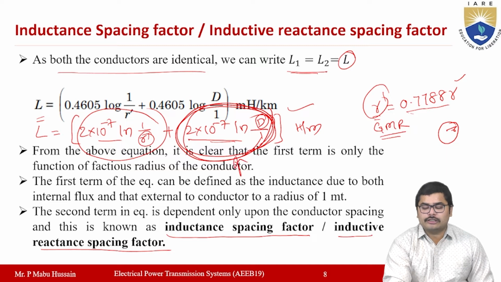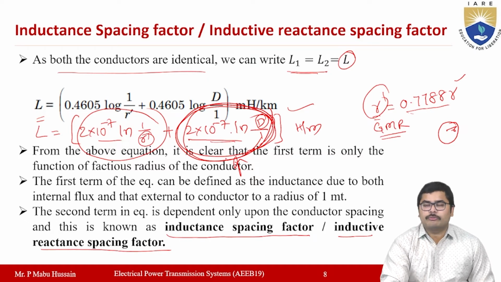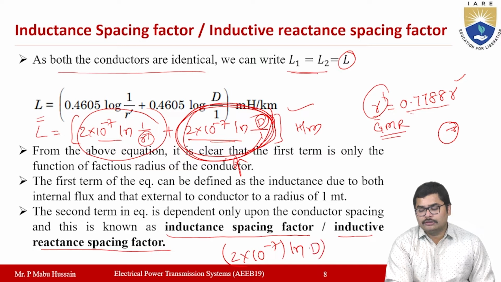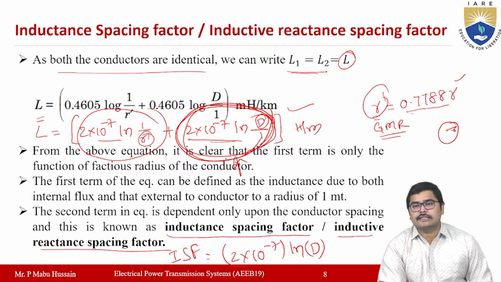So if you are asked to find the inductive reactance spacing factor, you need to take 2 into 10 power minus 7 ln D. So 2 into 10 power minus 7 ln capital D will be your inductance spacing factor, or this can also be called the inductive reactance spacing factor.